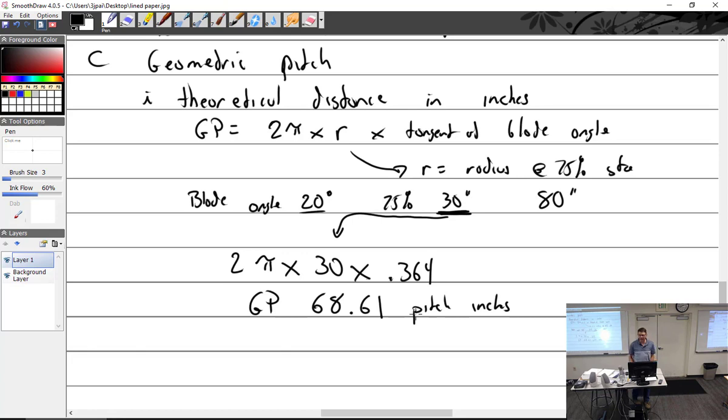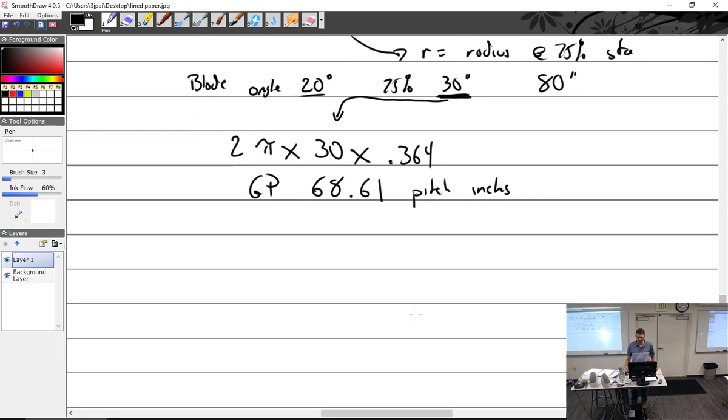So every time that propeller goes around one time, the plane will move forward how far? 68.61, right about 6 feet. And then we could take it one step further on my calculator. What if we're doing 2,400 RPM?